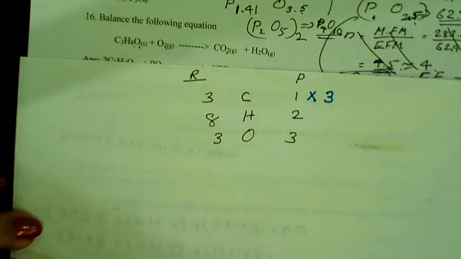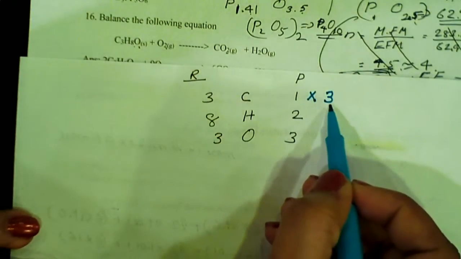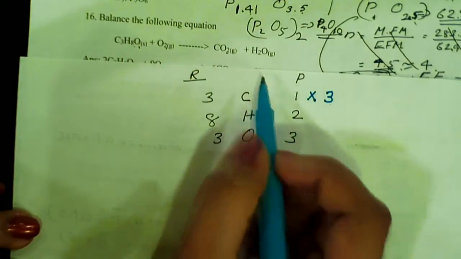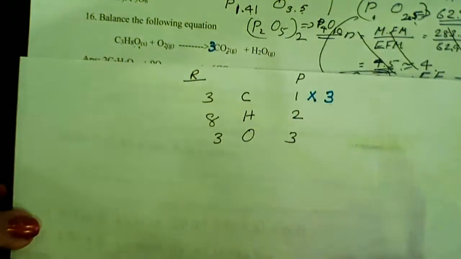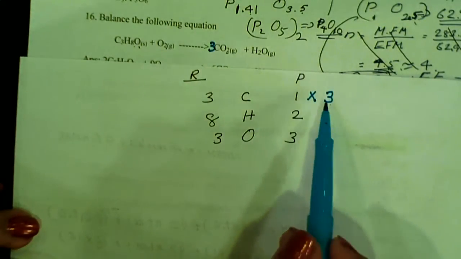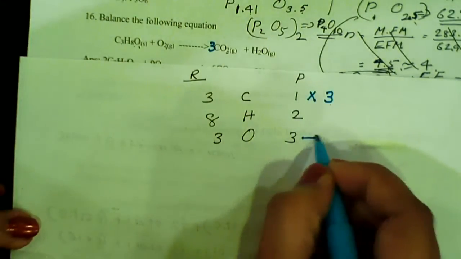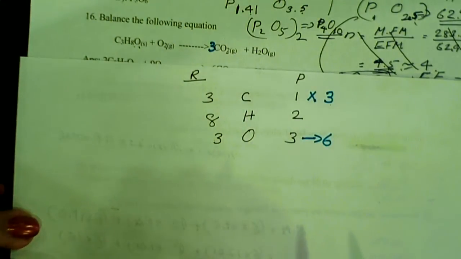So you have 3 carbon here, only 1 in the product side. So you have to make it equal to 3. So you have to multiply with the constant 3. So when you multiply with the constant, you have to put that number as the coefficient. Sorry, I can't see. What are the subscripts?